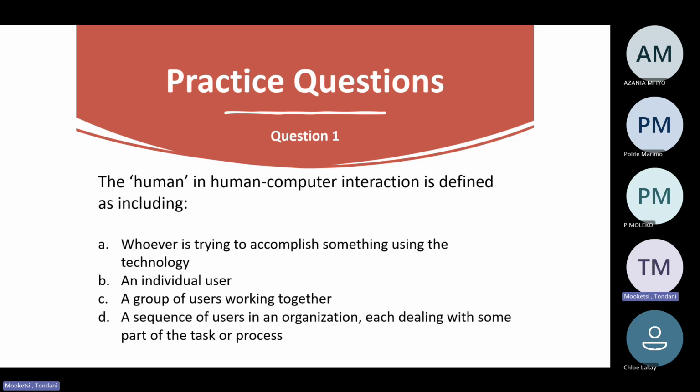The first question: the human in human-computer interaction is defined as including option A, whoever is trying to accomplish something using the technology, B, an individual user, C, a group of users working together, or D, a sequence of users.